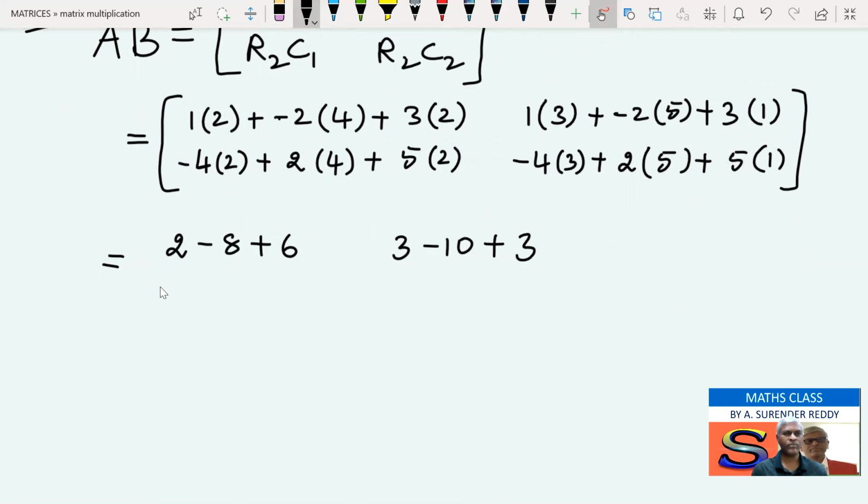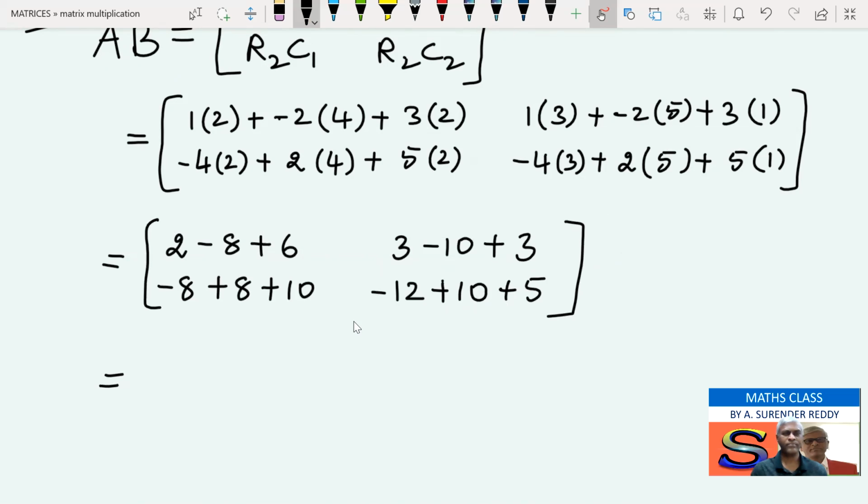Minus 4 into 2, minus 8. 2 into 4, plus 8. 5 into 2, 10. Minus 4 into 3, minus 12. 2 into 5, 10. 5 into 1 is 5.